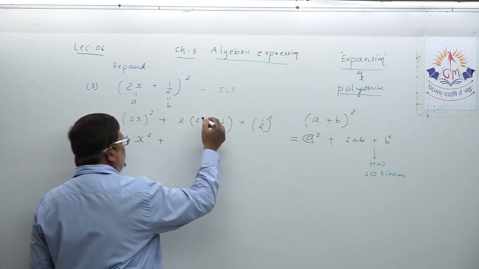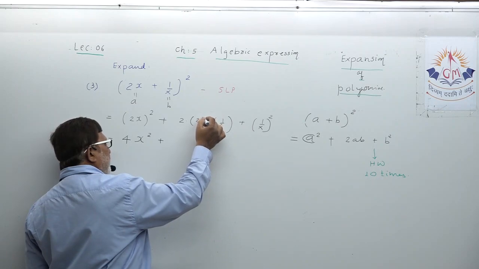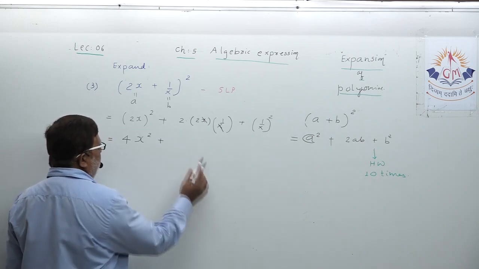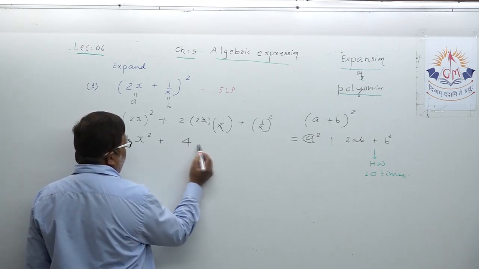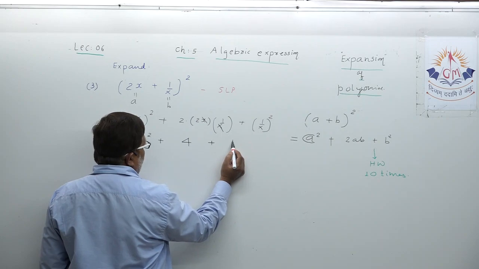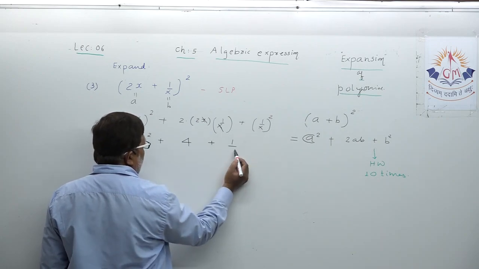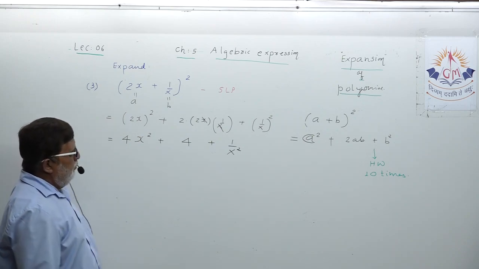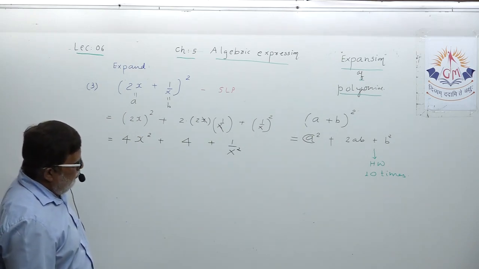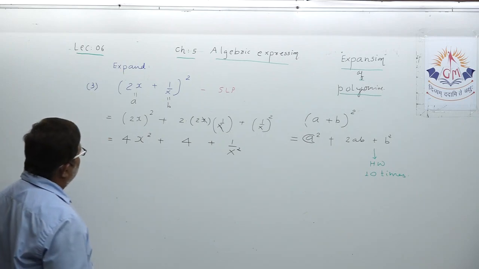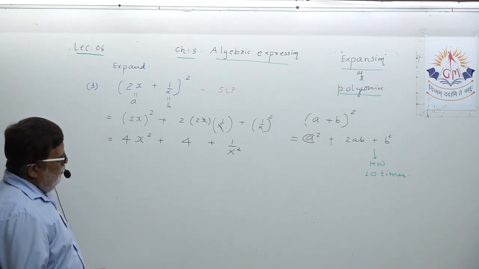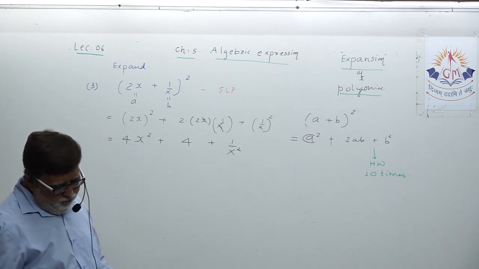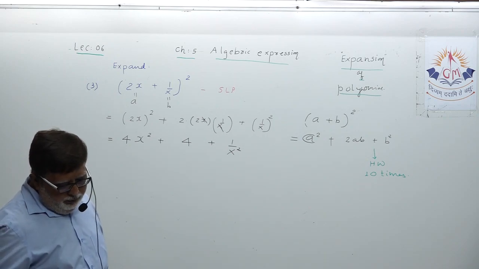Now here, dear student, x in numerator, x in denominator got cancelled. 2 2s are 4, plus 1 square, that is 1, x square, that is x square. This is your final answer. Just verify it. Okay, this is the final answer. Just verify.